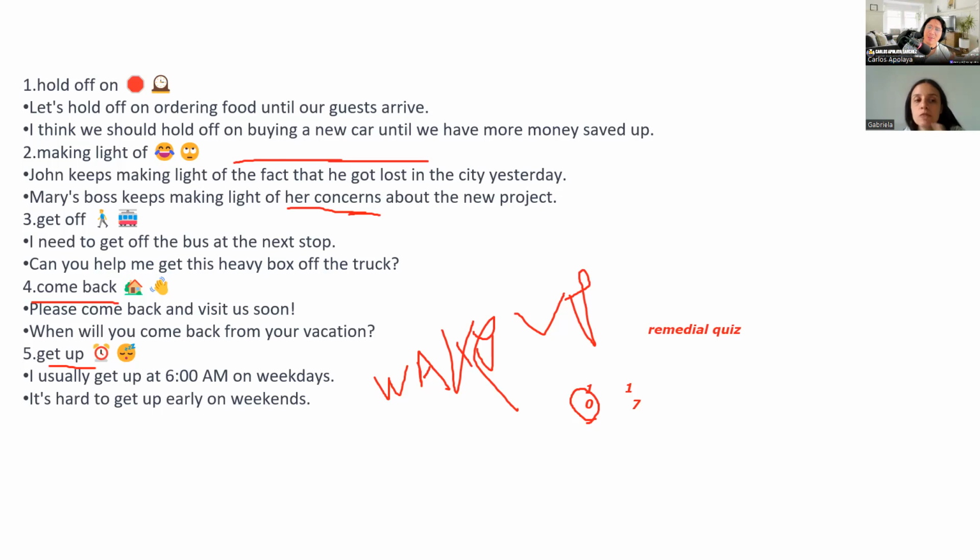So you can also say, for example, please get off the elevator. It means that you will leave that place. Get off the elevator. You see?